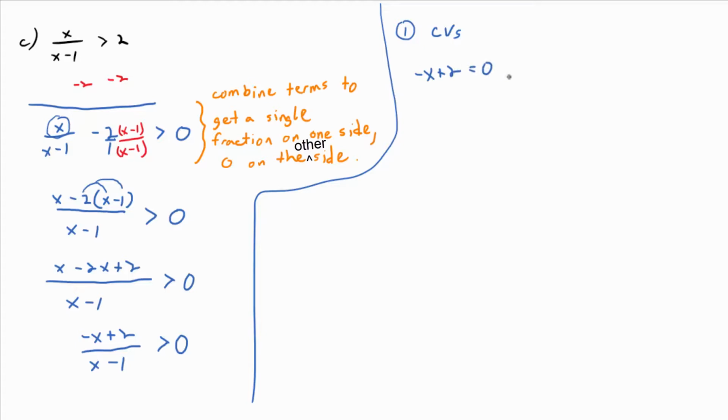That's the numerator set equal to 0. And x minus 1 is equal to 0. That's the denominator set equal to 0. I think we could solve those by inspection. What are the values? x equals 2. Also x equals 1.